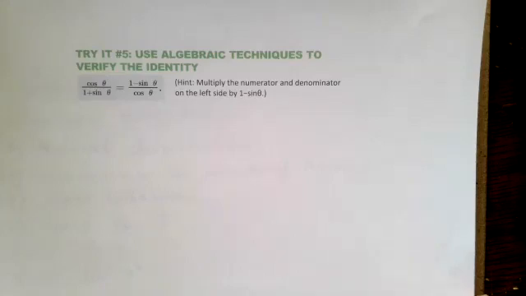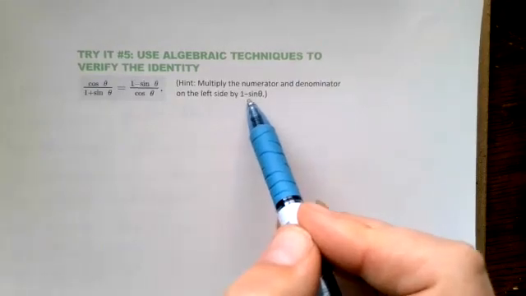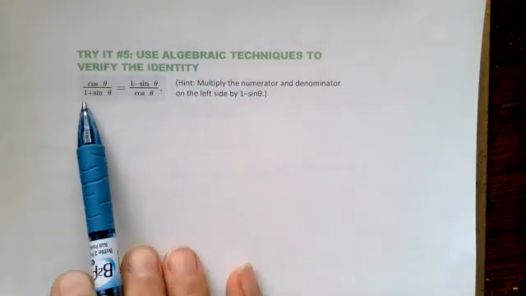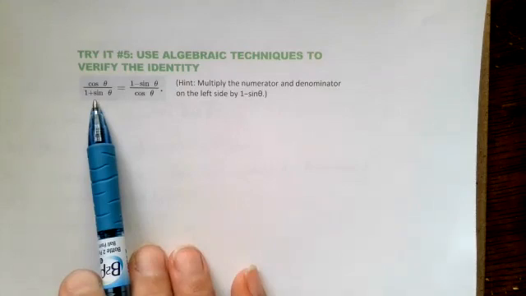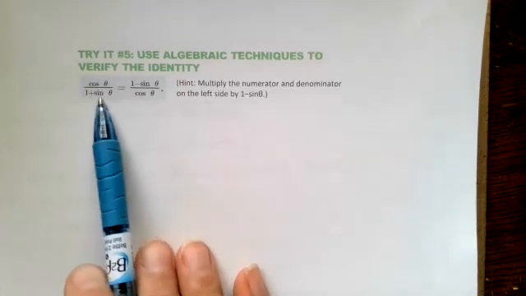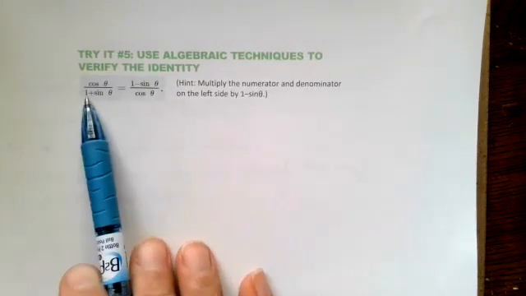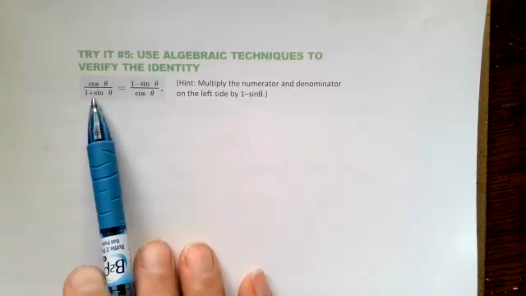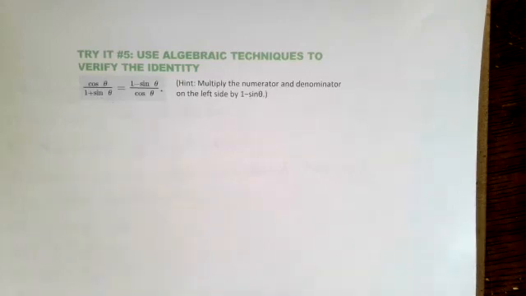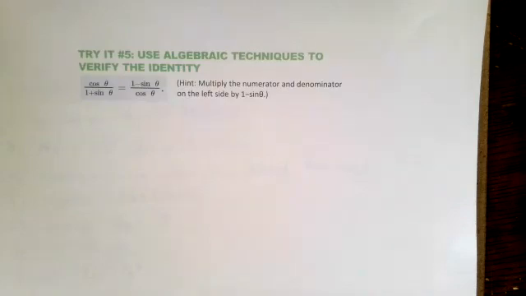And if you tried already and you're unsuccessful, then try to apply this hint, which says multiply the left side, the denominator and the numerator, by the conjugate of 1 plus sine theta to get 1 minus sine theta. This way, you can use your difference of squares formula, and you're going to get there.